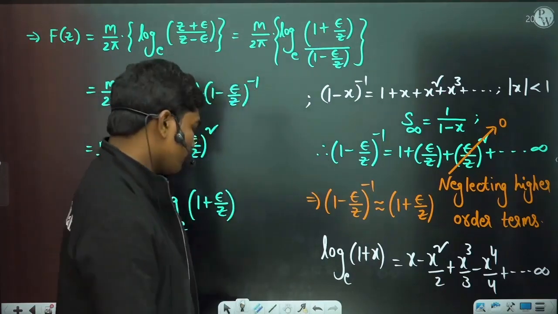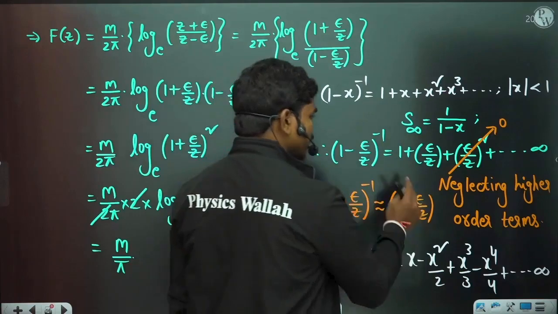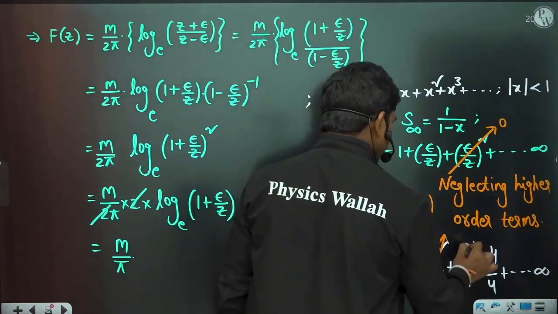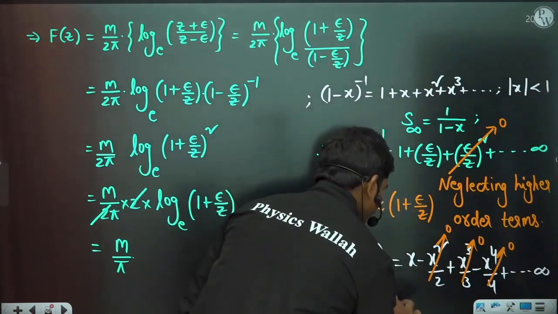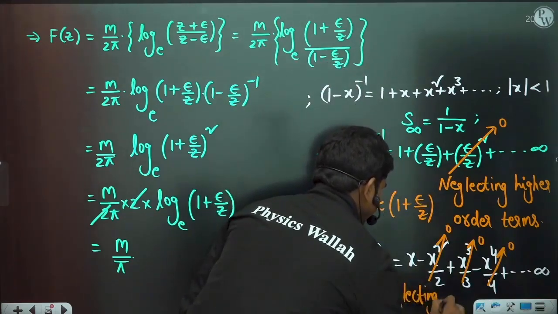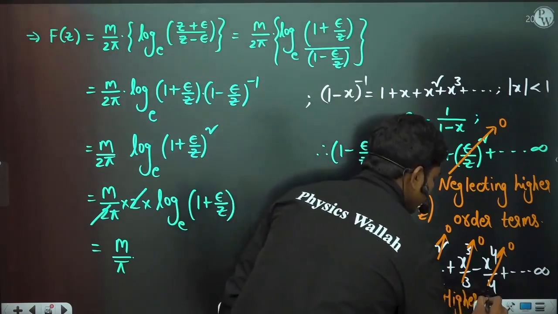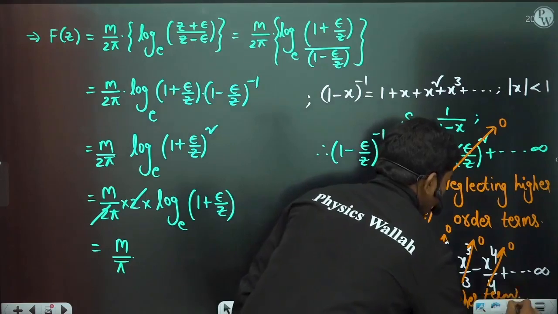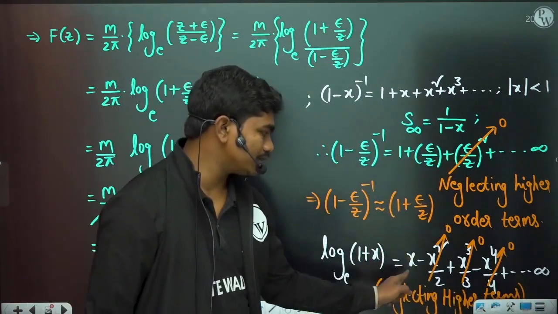Again, here epsilon by z is very small, so neglecting these higher order terms, log 1 plus x will be almost equal to x again.